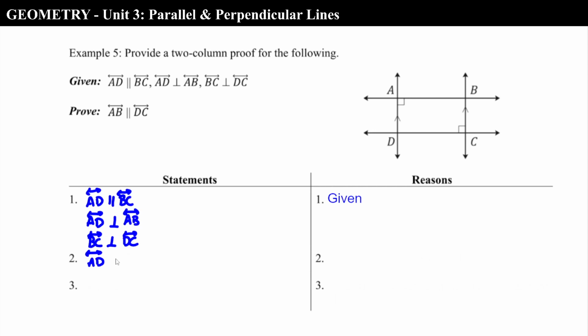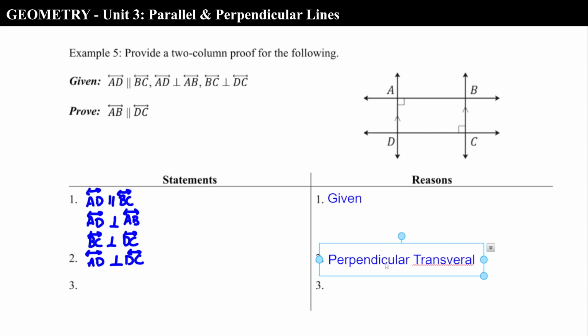So AD is perpendicular to DC, and that comes from the perpendicular transversal theorem. And then finally, we can say that AB is parallel to DC. And that comes from the converse of the perpendicular transversal theorem.